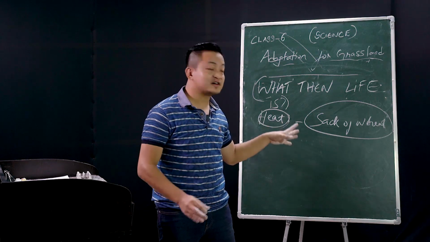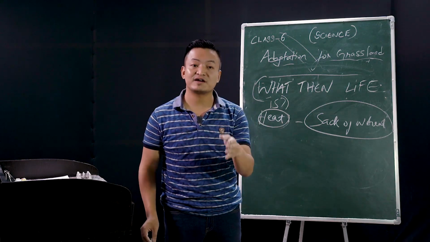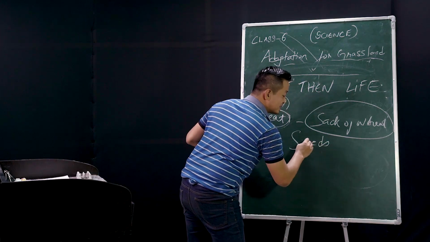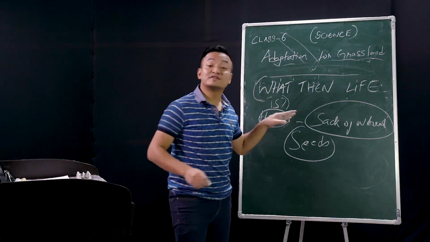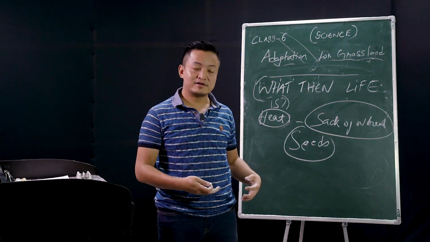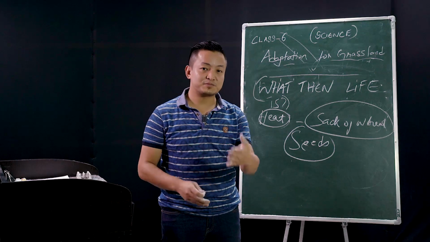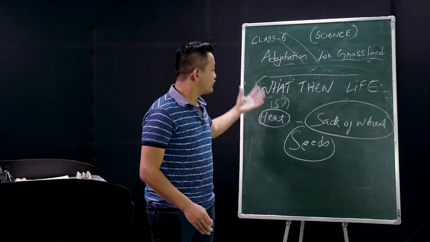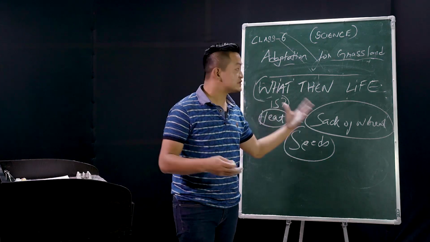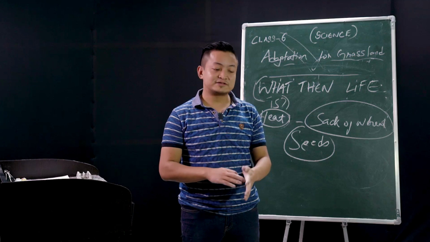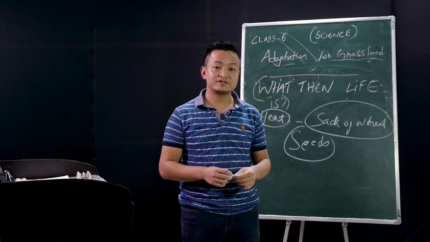Even though there is no functioning, since there is a presence of seeds, they respire. Clear? So because of respiration, there's a production of heat. So from this example, they just want to conclude what then life is. Life is beautiful. It's all about variety and diversity.